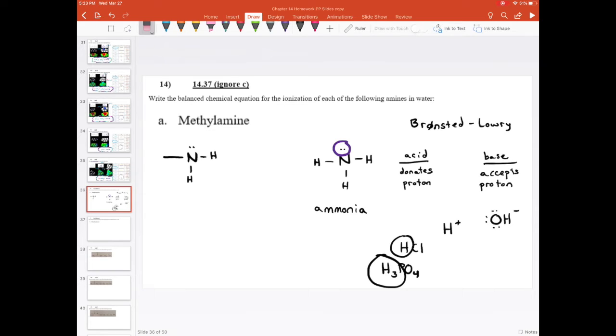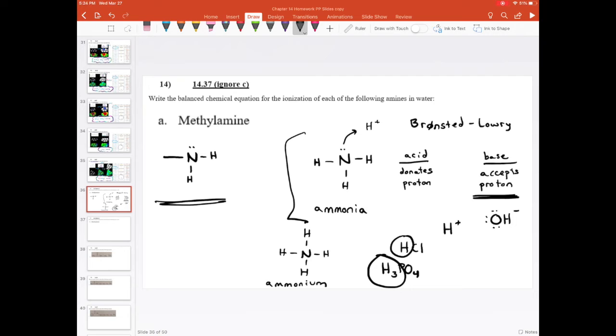Because of that lone pair at the top, it can accept an H+ and become ammonium. Notice how these electrons attacked an H+, and then ammonia turned into ammonium. So you can see that ammonia is able to accept protons, and so it's a base.